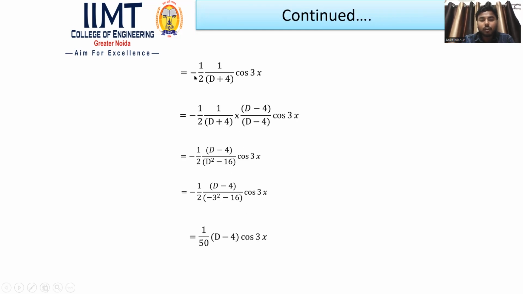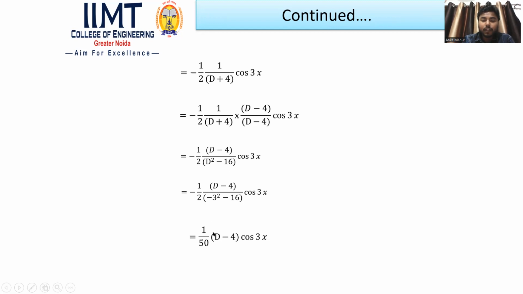If we solve, we get minus 1/2 times 1/(D plus 4) cos 3x, so first rationalize by multiplying by D minus 4, which equals minus 1/2 times (D minus 4)/(D² minus 16) cos 3x. Replace D² equals minus a², so we get minus 1/2 times (D minus 4)/(-9 minus 16) cos 3x. Solve this, minus 9 minus 16, we get the value of 50.